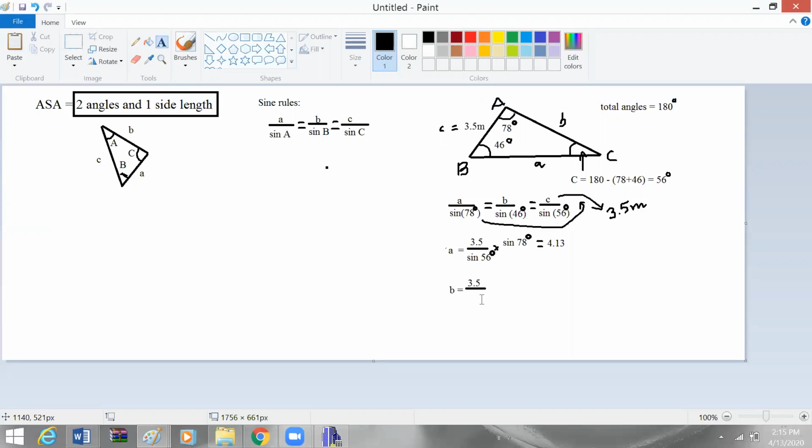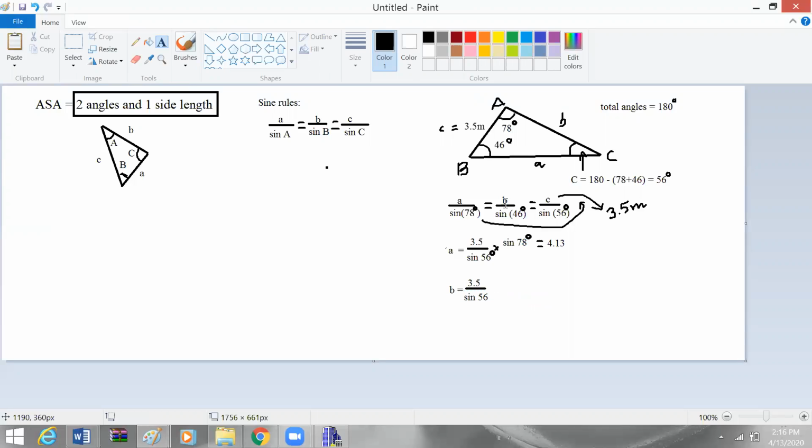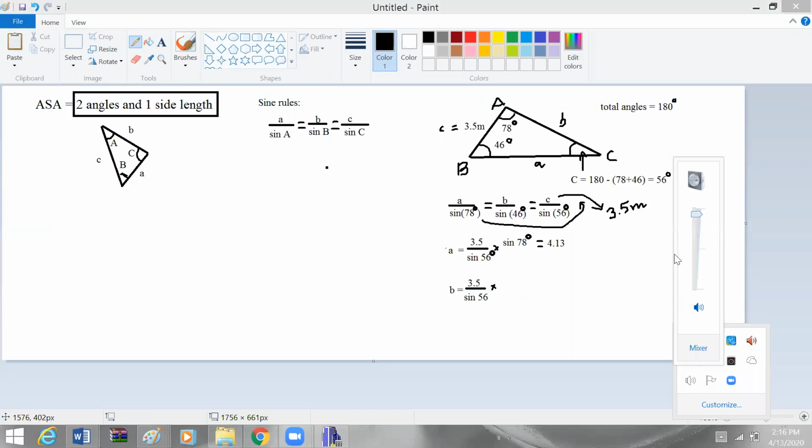We multiply by sine of 46 degrees, not 78. The 78 is the angle that corresponds to the length a. So we need to multiply by sine of 46. Let me just do that real quick.